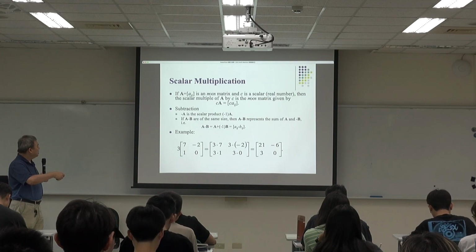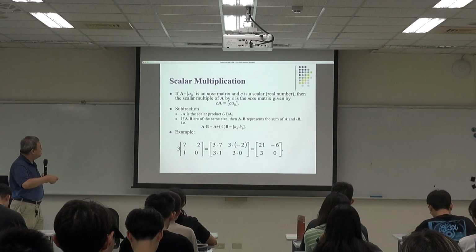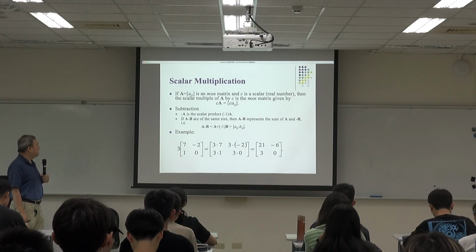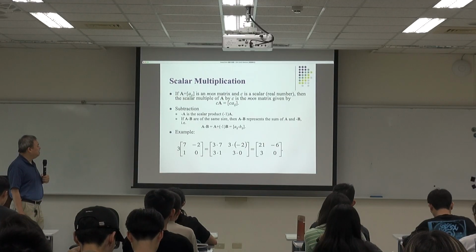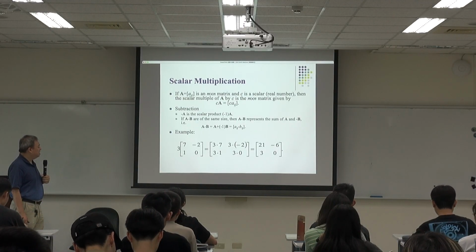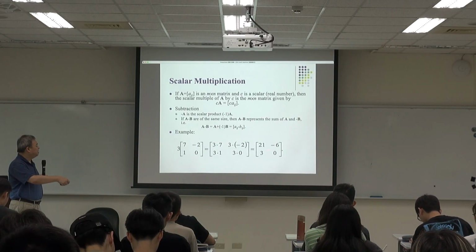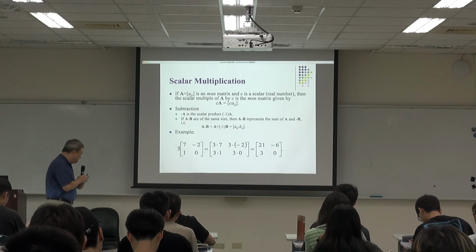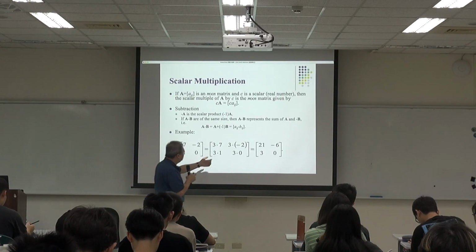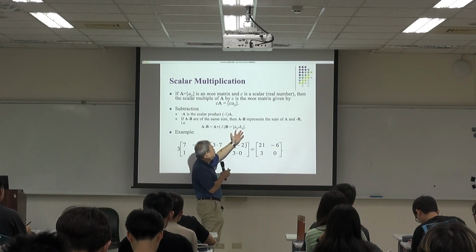And we can have subtraction as well. Basically, we define negative A first, which is -1 times A, and A minus B will be A plus negative B. Basically, it's a matrix of the same size, but every element becomes a_ij minus b_ij.